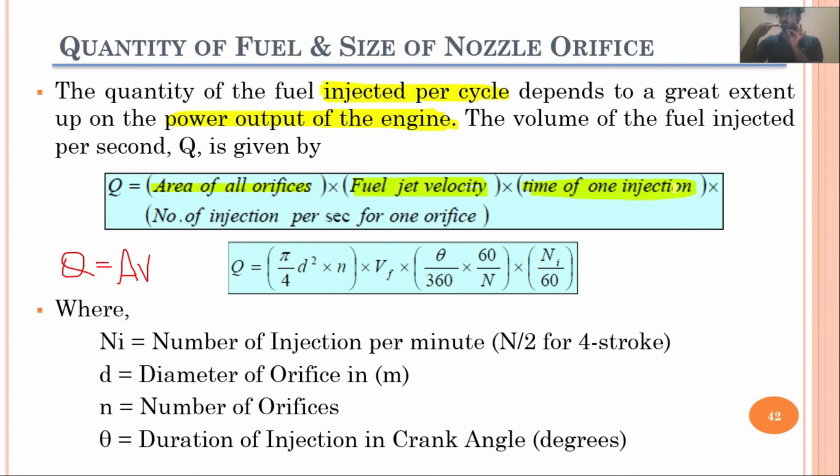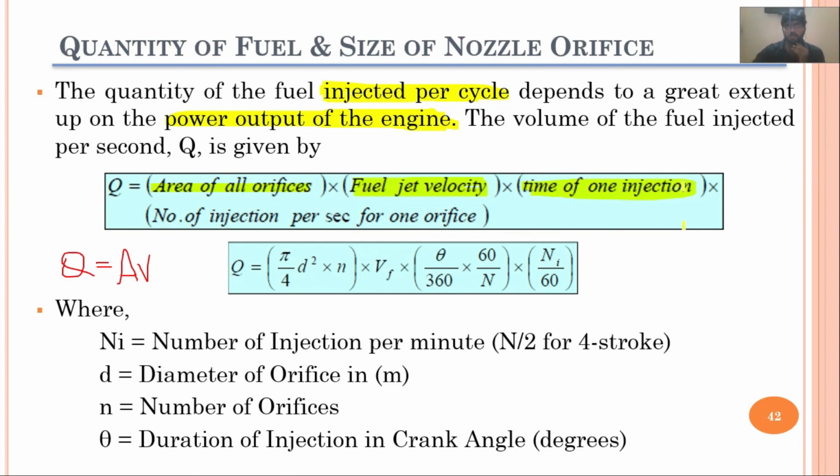Combustion starts. The piston starts moving downward. Let's say even after 10 degrees of crankshaft rotation, from this 10 degrees to this 10 degrees of the crankshaft revolution, the fuel is injected. So this 20 degrees of the crankshaft is the time duration for which the fuel is injected only, and except for that 20 degrees of crankshaft angle, we are not injecting fuel into the combustion chamber.